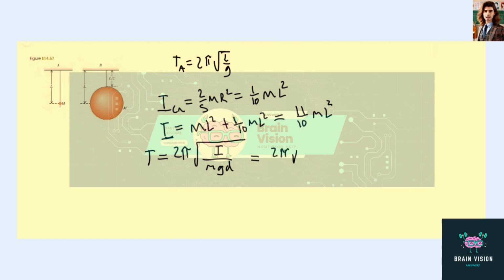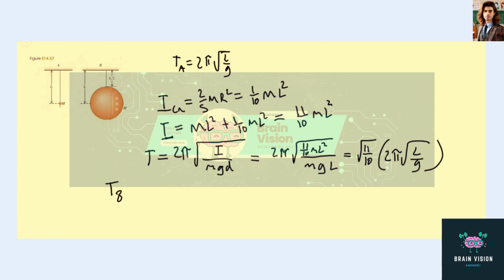This is 2 pi root of 11/10 m L squared over m g L. This is the square root of 11/10 times 2 pi root L over g. So then the period of B is square root of 11/10 the period of A.